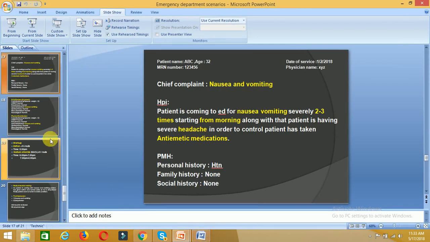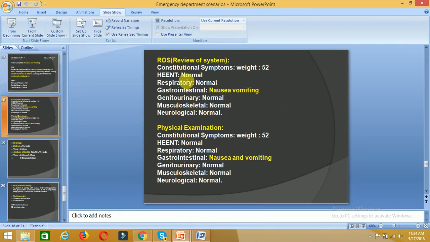What is ROS? In this ROS, how many things are done? I mean, what the patient has told, here we can see. One is constitutional, HENT, respiratory, gastrointestinal, genitourinary, musculoskeletal, neuro. 7 things are reviewed, explained by the patient. So 7 systems are reviewed in the ROS.